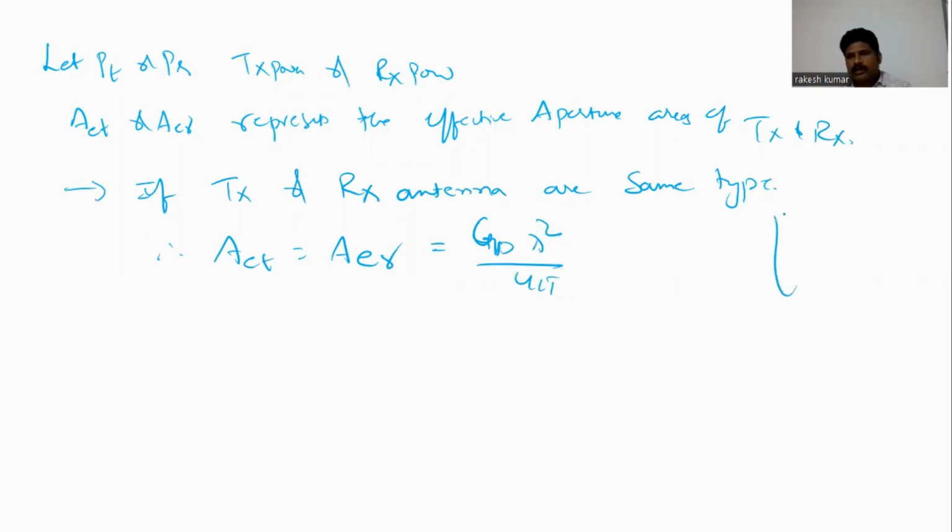We know that the directivity is equal to 4 pi AE by lambda square. Here directivity we are calling gain. So from this, AE is equal to G into lambda square by 4 pi.